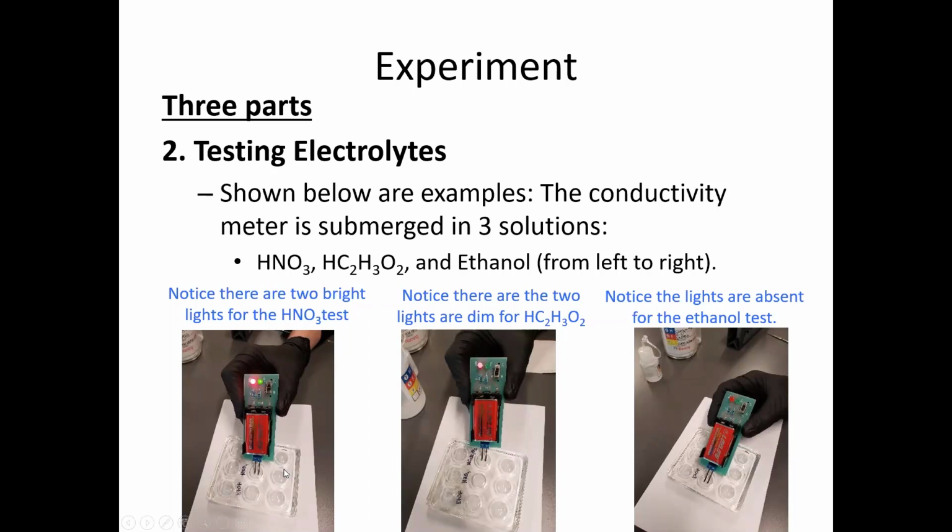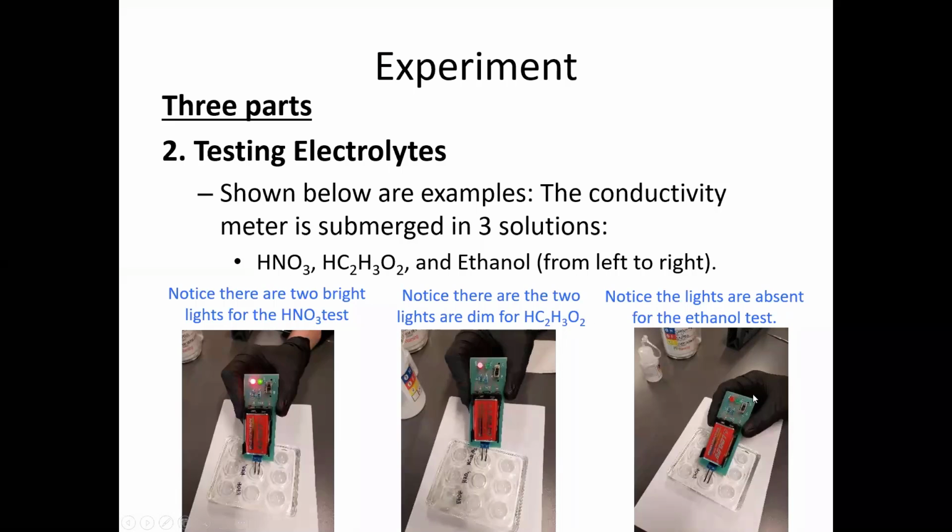So this is an example. I have nitric acid here. This one is acetic acid, and this one is ethanol. As expected, if it's a strong electrolyte, it must conduct current effectively, right? I should have a bright light. If it's a weak electrolyte, it just conducts a partial current compared to the strong electrolyte, then I'm going to have a dim light.